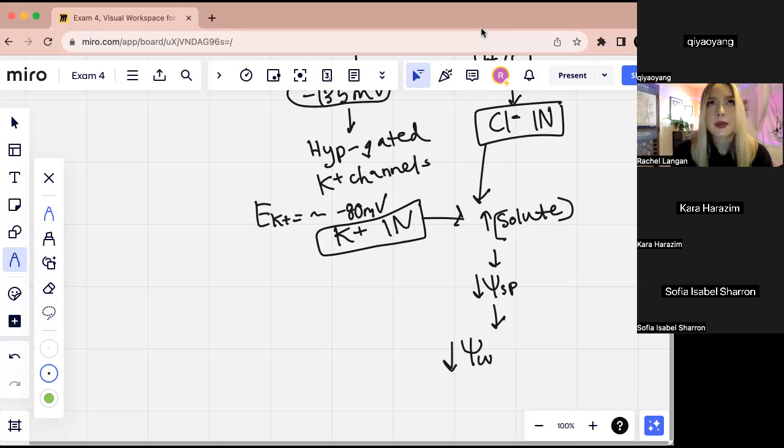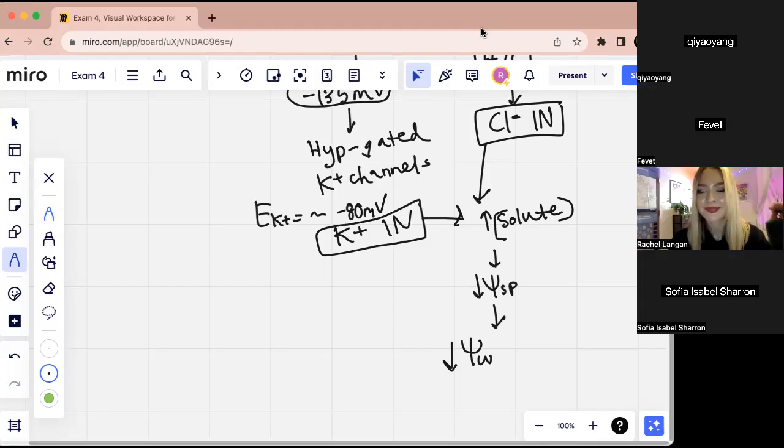I think maybe what you're getting confused with is, in the daylight, are you saying water comes into the guard cells? Or no? I'm not sure. Sorry.